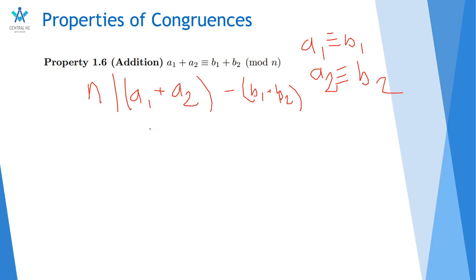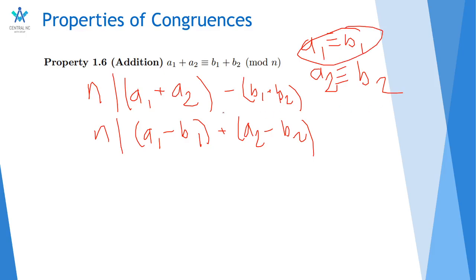This is going to give you n divides, and we can group this A1 minus B1, and then plus A2 minus B2. We know that n divides into A1 minus B1 because of this congruence right here, and we know that n divides into A2 minus B2 because of this congruence right here. So n must divide into this sum, and thus we have proved property 1.6.